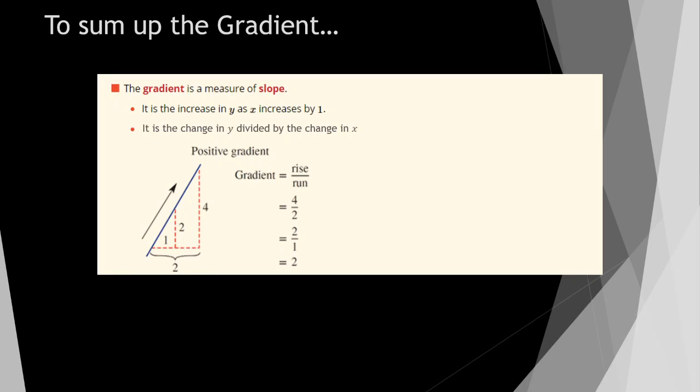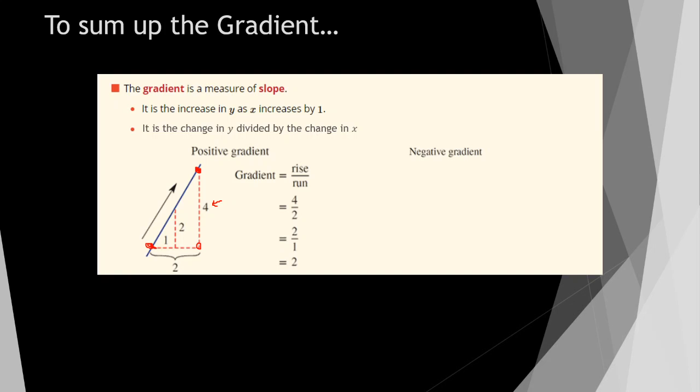As you can see here, it's gone from here to here, which is a vertical increase of 4. And our run is how far it's gone from the left to the right. So we've just picked 2 points and it's gone from here to here, which means it has gone 2 to the right. So 4 divided by 2 ends up being 2.